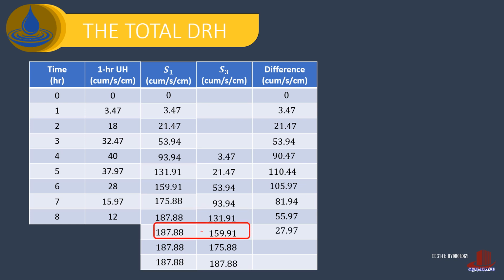At T9 is 187.88 less 159.91, giving 27.97. Then at T10, subtract 175.88 from 187.88, which turns to 12. At T11, the difference is 0.